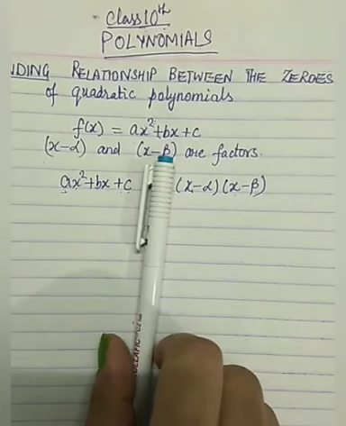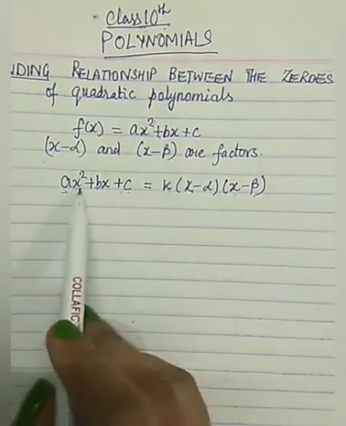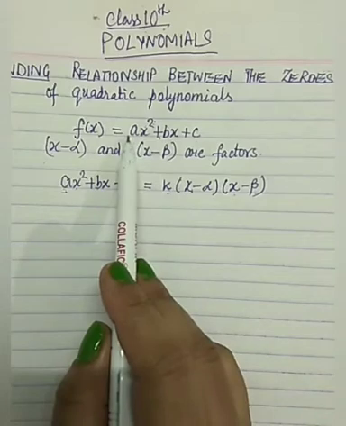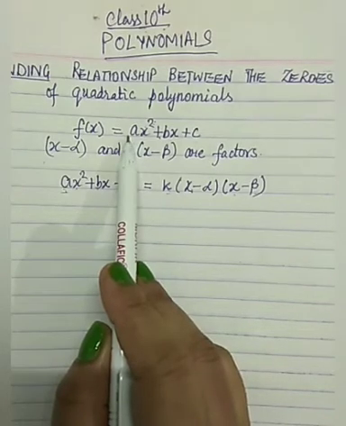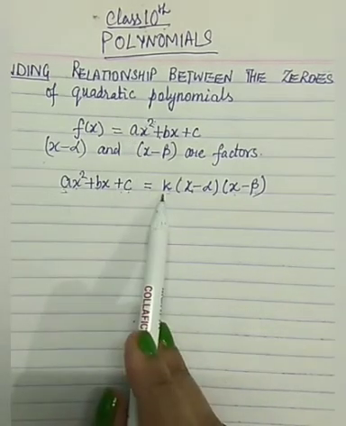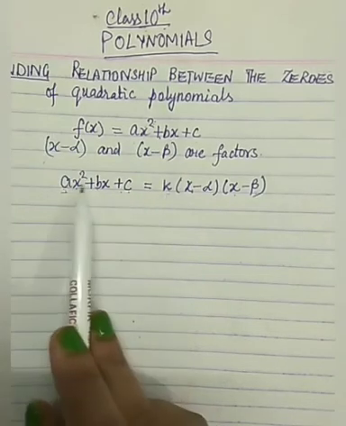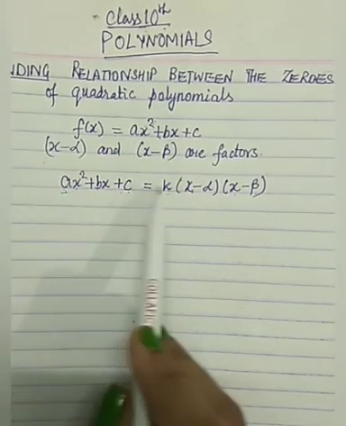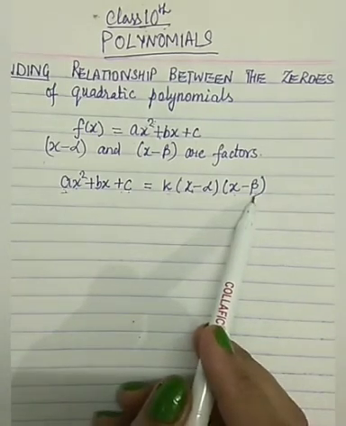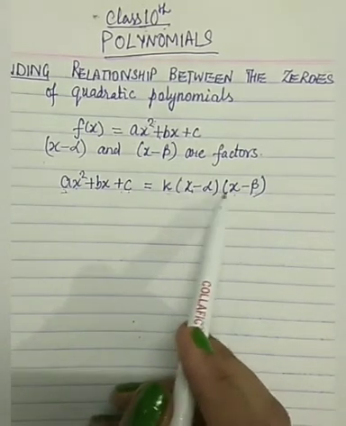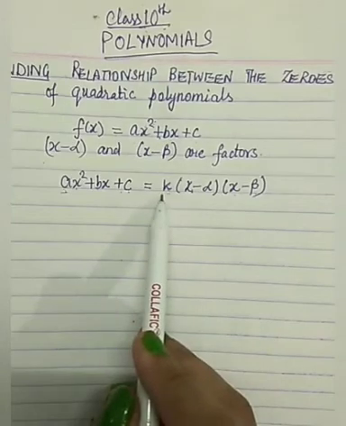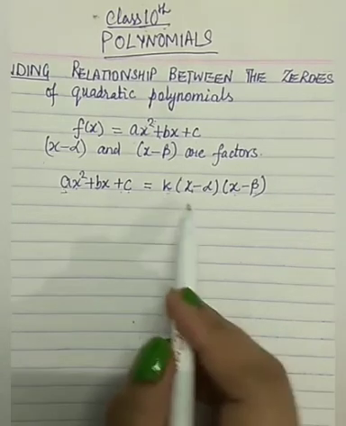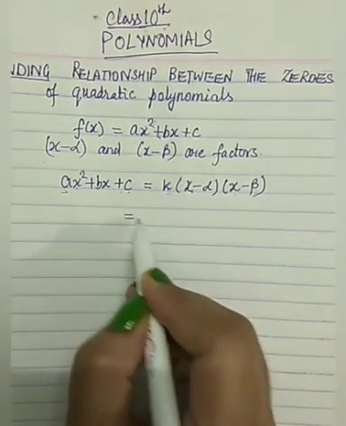There is always some constant coefficient with x square. So I have represented this quadratic polynomial in its factorized form as x minus alpha, x minus beta with some constant k.